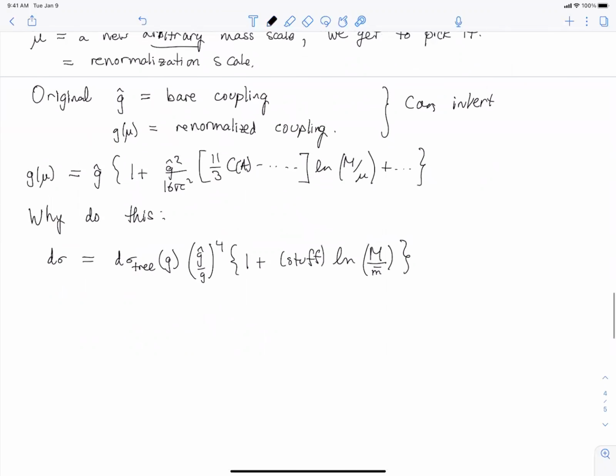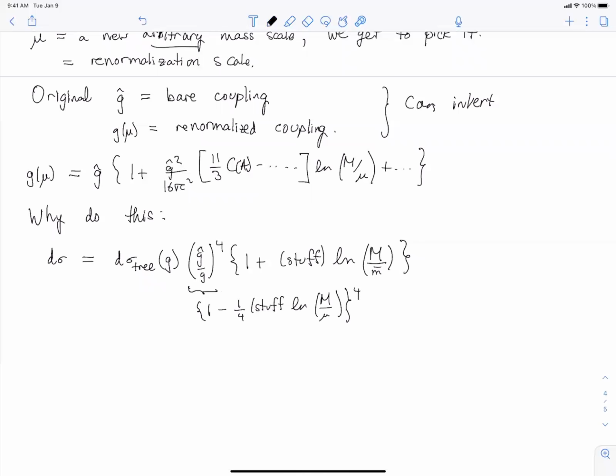Okay, and G hat over G to the 4th power is 1 minus 1/4 stuff logarithm of M over mu, all of that to the 4th power.